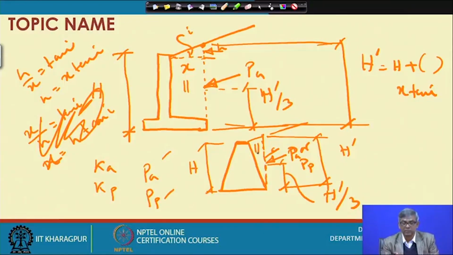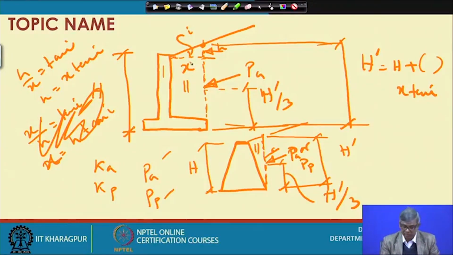When you do the stability analysis, which is not in this course, our job here is to find out only the pressure or thrust. But when you do the stability analysis, you have to make this type of modification. When you imagine the wall is here, then the weight of this concrete and the weight of this soil will all have to be considered.